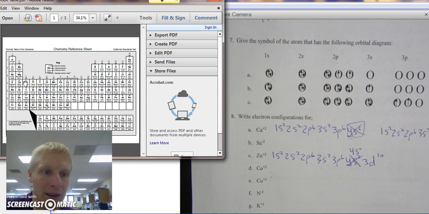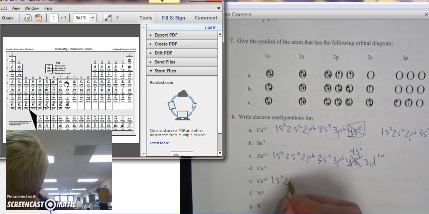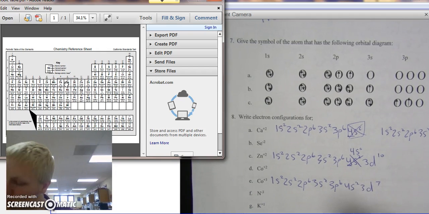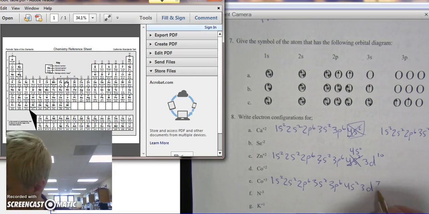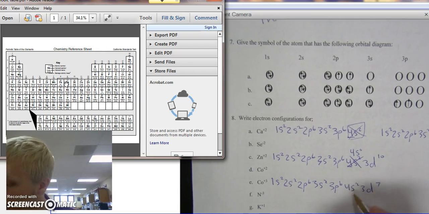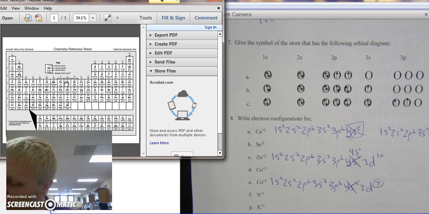And then we have 3d, 1, 2, 3, 4, 5, 6, 7. But it's 3 plus, which means we're losing 3 electrons, and we're not pulling them from the 3d first, we're pulling them from the outermost, the 4s. So this is going to go away, and one of these will go away.